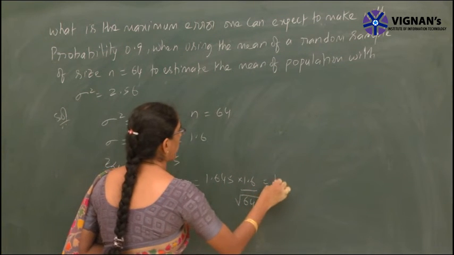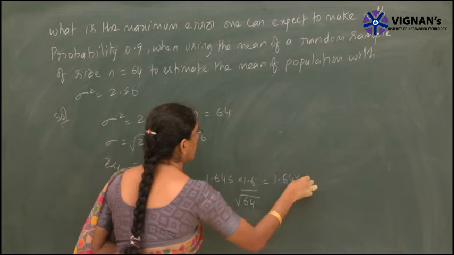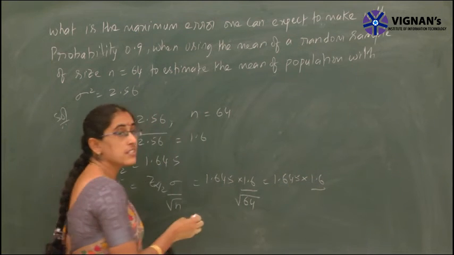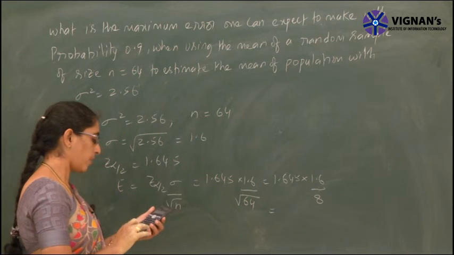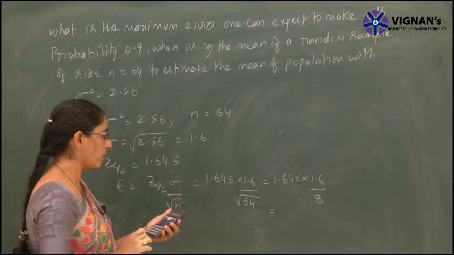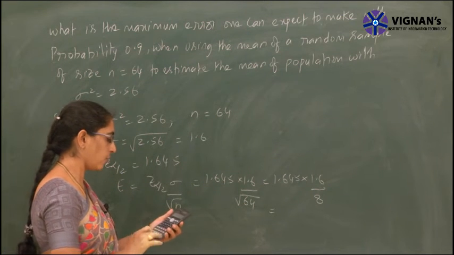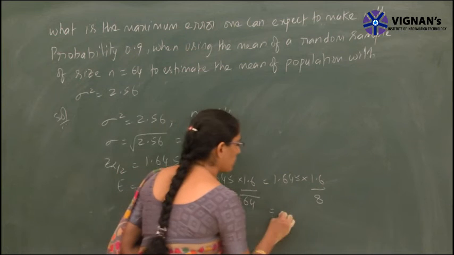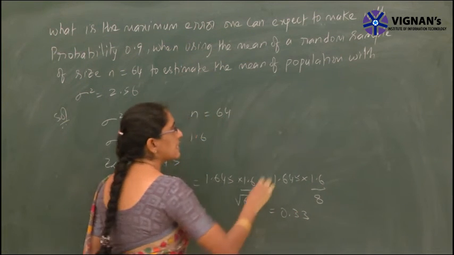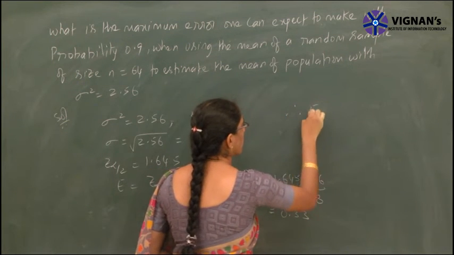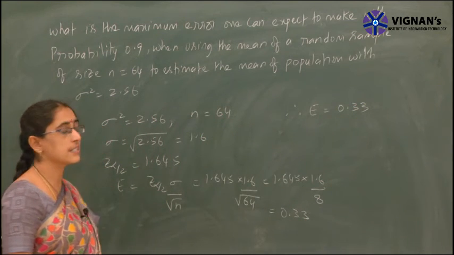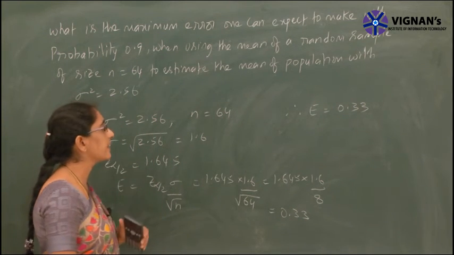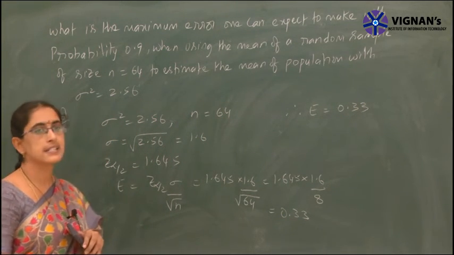So that is nothing but 1.645 into 1.6 by root 64 is 8 here. So this is here 1.6 by 8 is 0.2 into 1.645, that is 0.33. So the error is here 0.33. That is the error when the sample size is 64 and the standard deviation is 1.6.